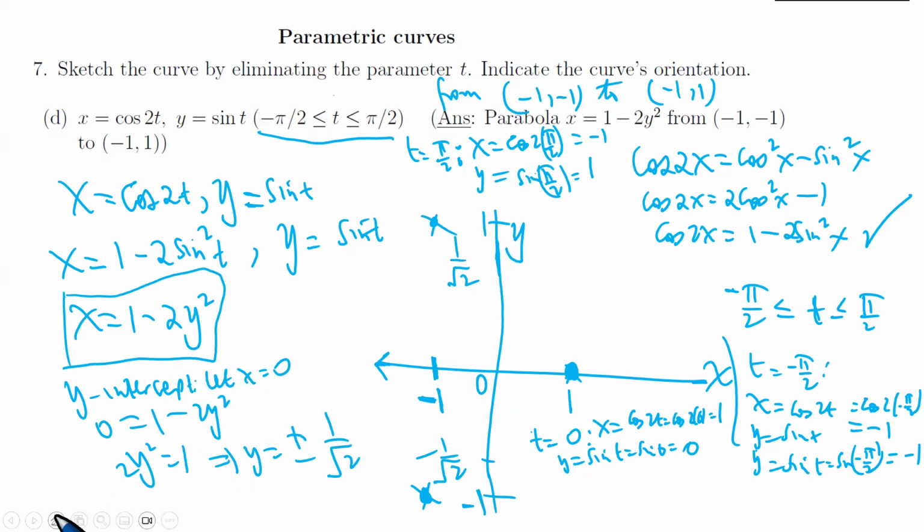So you're going to have the following. You're going to have that, it's going to run like this, and then it's going to run all the way. So it's going to run from -1, -1 to -1 and 0.